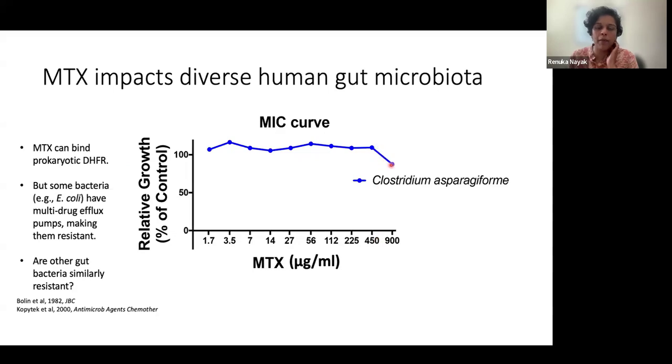Maybe there's a little drop off right at the highest concentration. In contrast, Bacteroides thetaiotaomicron, which is a human gut microbe, has less and less growth with increasing concentrations of methotrexate. And when you hit this concentration, 112 micrograms per mL, you have complete growth inhibition, right? We call that the minimum inhibitory concentration, or the MIC.